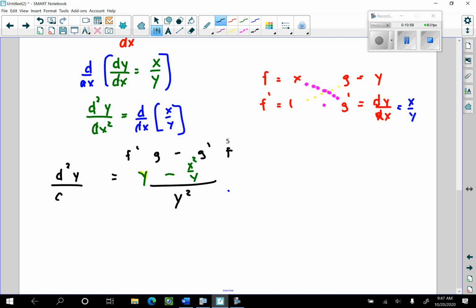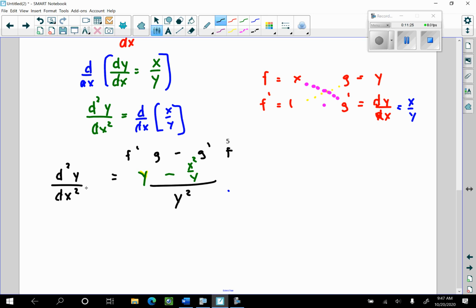I never ever want to leave a complex rational, and you learned in pre-calculus the way to simplify complex rationals was to multiply the top and bottom by the least common multiple of the separate denominators. There's only one little denominator, and that is y.